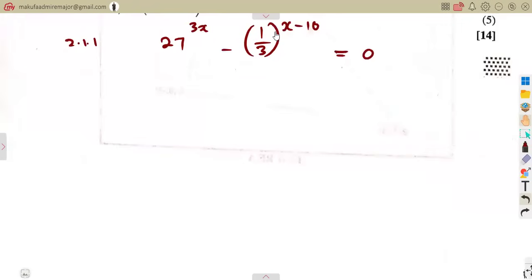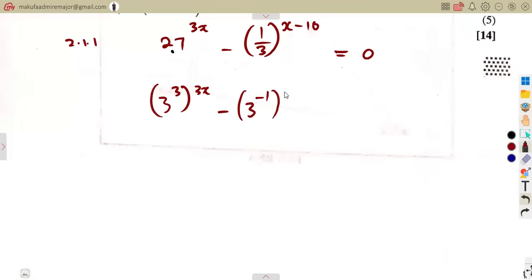Let's figure out. There's something common here between the 27 and the 1 over 3. These can be written in the base of 3. Let's try to write them in the base of 3 and see what's going to happen. 27 is same as 3 to the exponent of 3, raised to the exponent of 3x. Okay? 1 over 3, remember, that's to the exponent of negative 1.